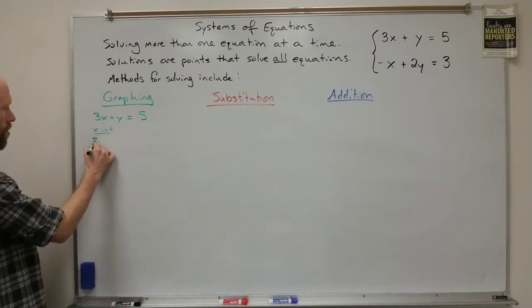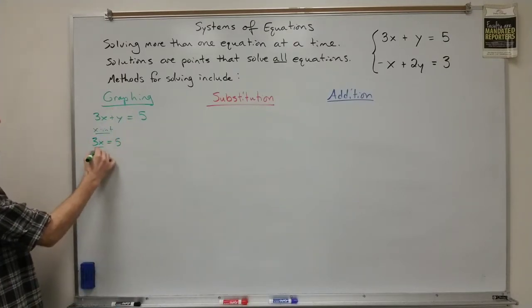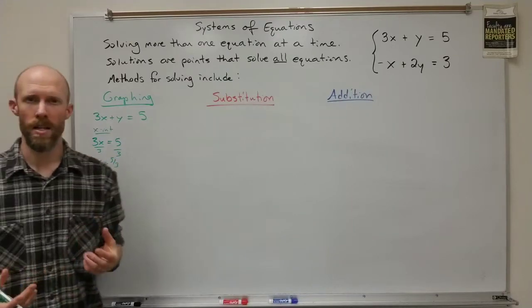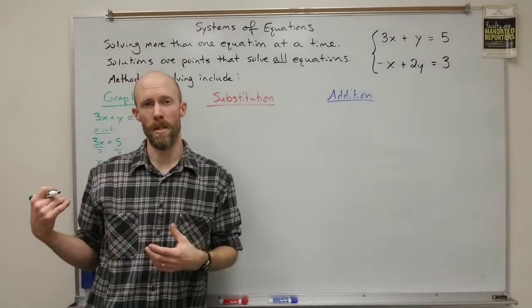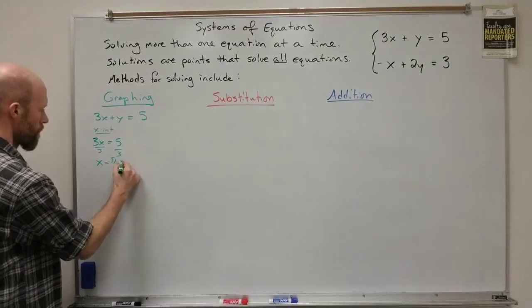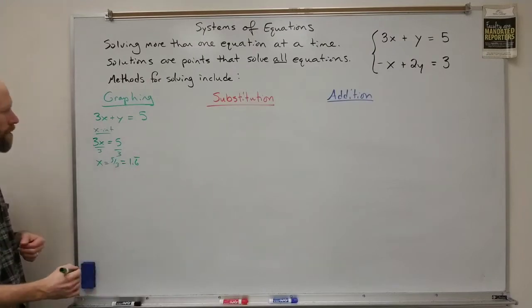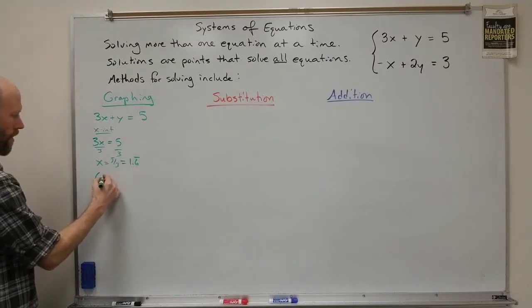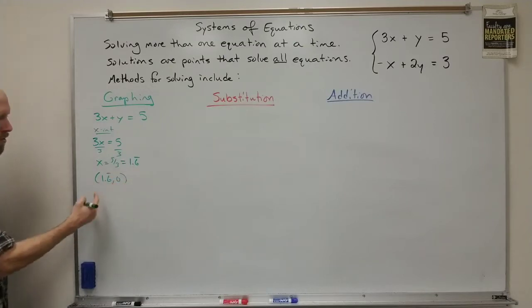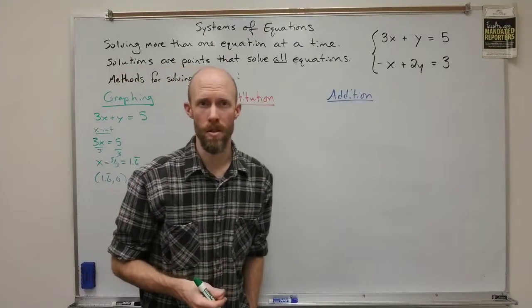And we're left with just 3x = 5, divide out the 3, and x is 5/3. As a mixed number, that's 1 2/3 or 1.6 repeated. So our x-intercept there is at (1.6 repeated, 0), or (1 2/3, 0).